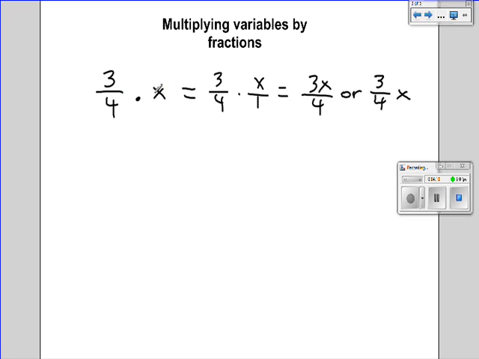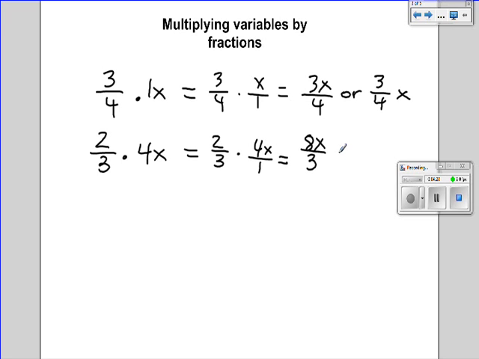You just combine it, because there's nothing in front of x but a 1, which we don't always write. But what if I had 2/3 times, let's say, 4x? Well, I can rewrite that as 2/3 times 4x/1, which equals 2 times 4x, 8x/3, which we could rewrite as 8/3 x.